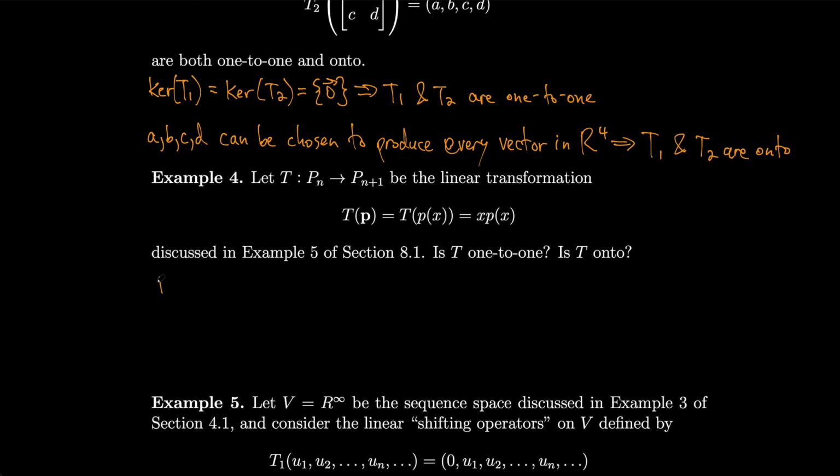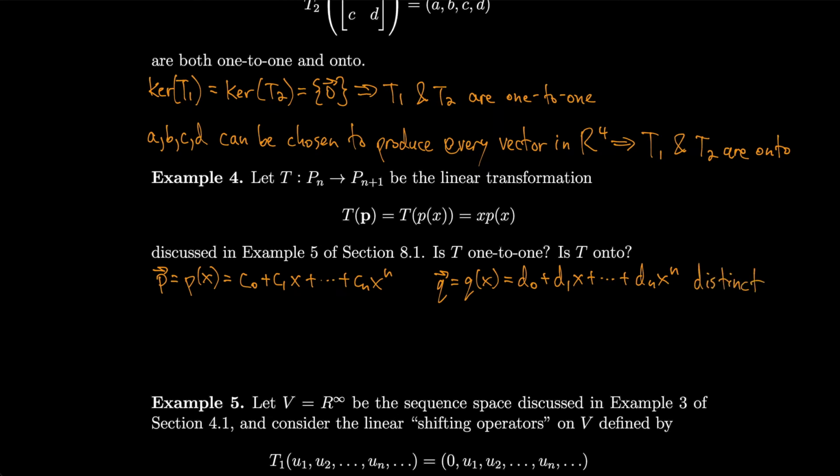Let's say p is the vector equal to the polynomial p of x given by c0 plus c1x and so on through cn x^n, and we'll let q be a distinct polynomial, q of x equal to d0 plus d1x through dn x^n.